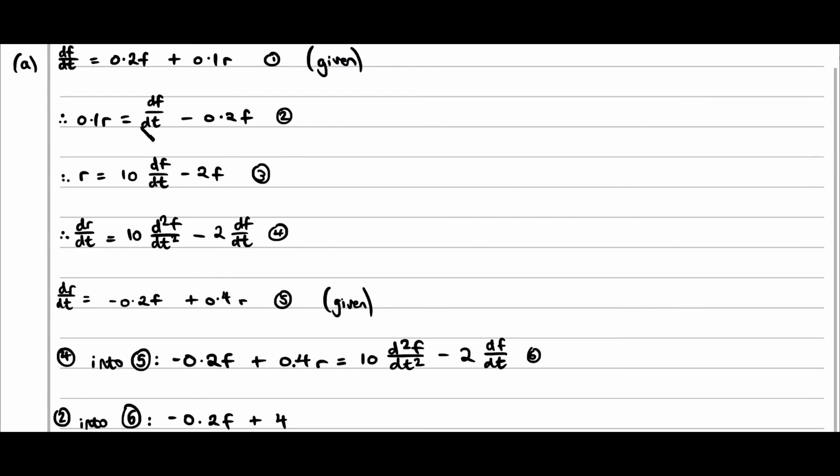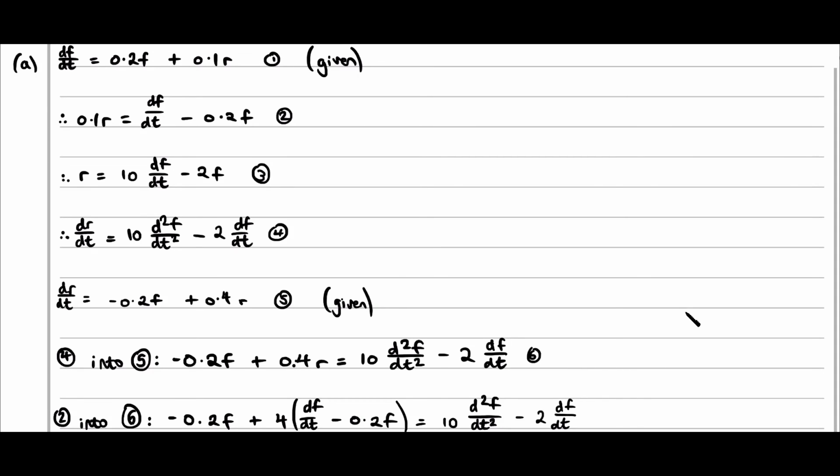So we have minus 0.2F plus 4 lots of dF/dt minus 0.2F, and this is equal to 10 d squared F over dt squared minus 2 dF/dt.